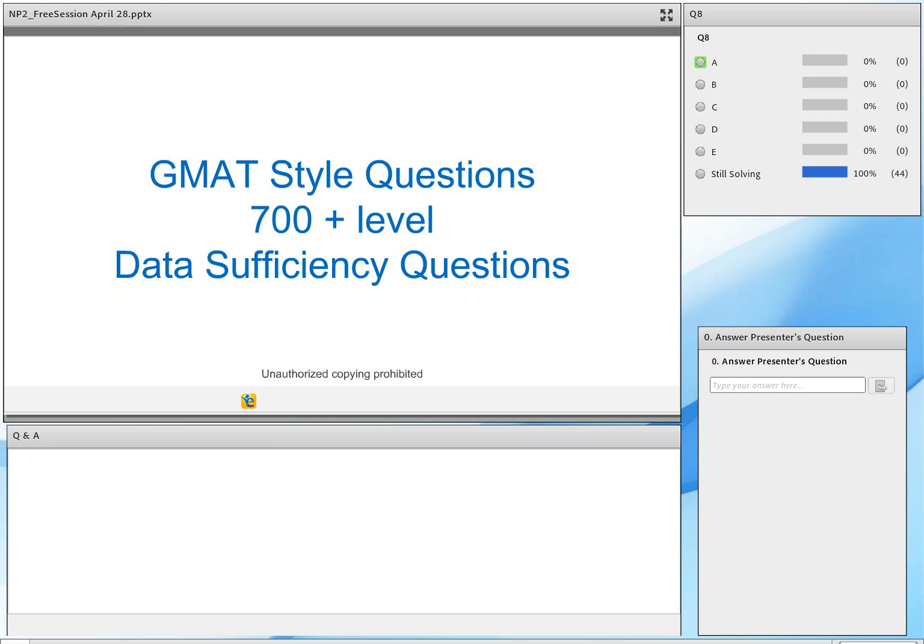In this case, because all three questions are difficult, I am going to give you a 30-second warning when 50% of the class has put in responses. Can you all please click on still solving here? That way I know how many people are actively engaged in solving the question. I don't want to be waiting for people who are not really solving questions in the session. Let's get this number to at least 60. I have about 120 people in the session right now.